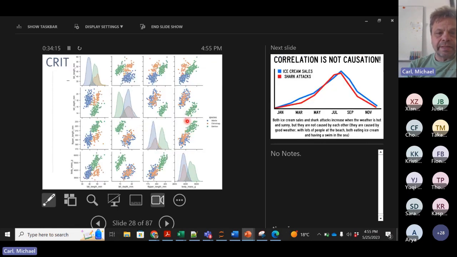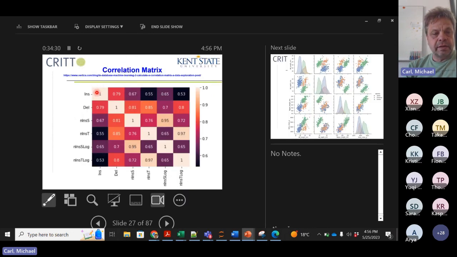Here is another fancy graph where you can see, again, it is the same. So this correlation is the same, it's just flipped over. And in the middle, as you can see here, the correlation between insertions and insertions is always 1, right?